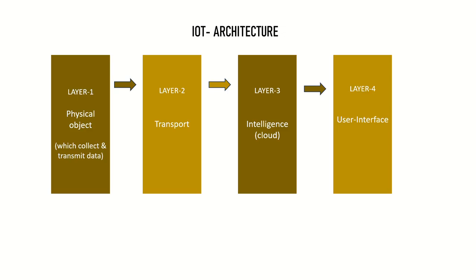Second one is the transport layer. It is used for transporting the data to the cloud. Third one is the cloud, which updates the data. And fourth is user interface. So the user can check the data or change it if they want to change it.